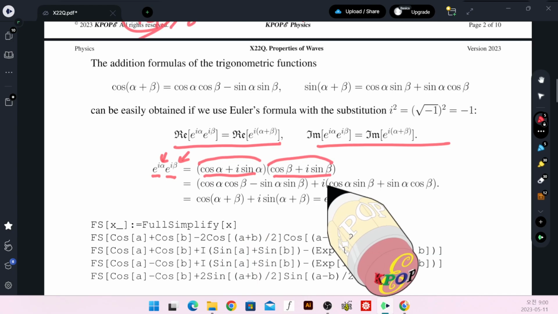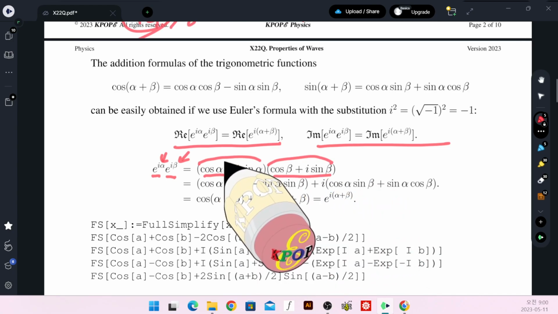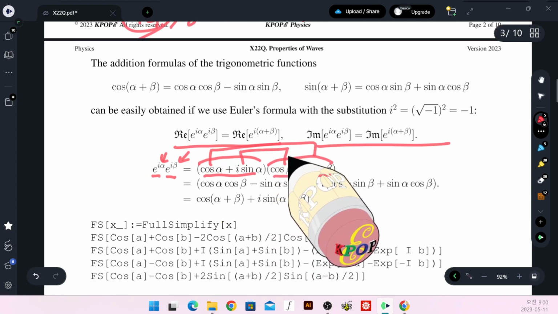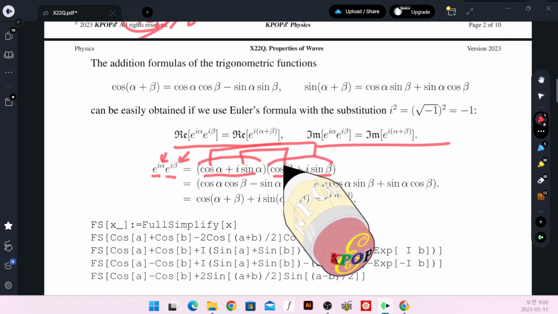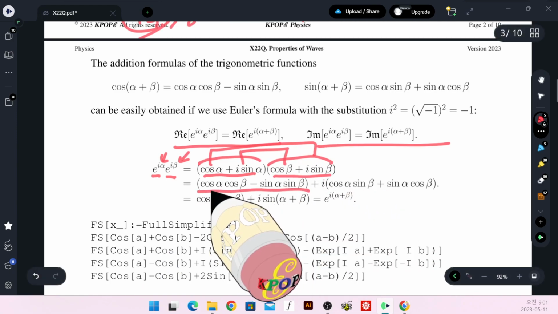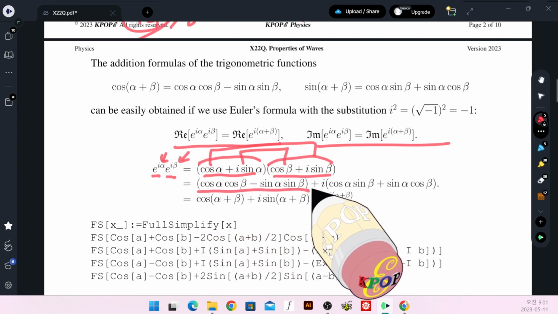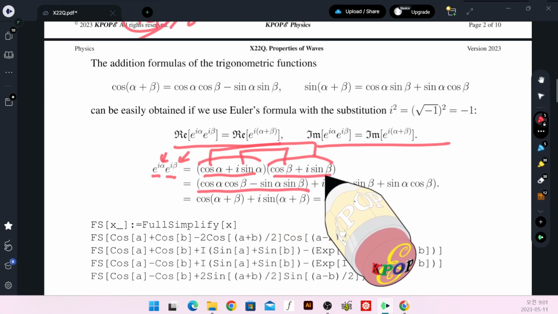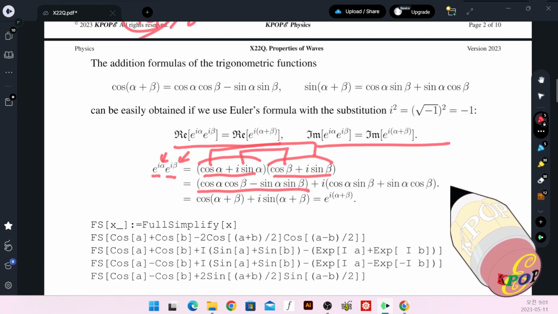And the imaginary part of this product is the real imaginary because i appears only once. As a result, we can find the real part to be cosine cosine minus sine sine. And the imaginary part is cosine sine plus sine cosine.